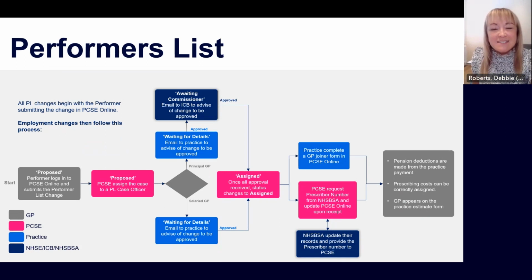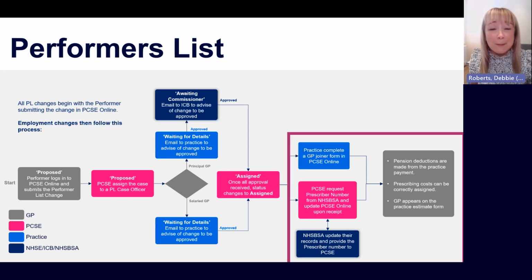So, as discussed earlier, I said I was going to come back to this part of the screen. Just jumping back to your standard employment change, as I went through the approval process, it would take us to the assigned point. So let's pretend that the GP submitted the practice change, it comes through to PCSE, we assigned it to yourself at the practice, you give it the thumbs up, you are the correct people at the practice to assign the role, you've clicked to approve, it's come back to PCSE, whether it's gone by the ICB or us, and it's been assigned.